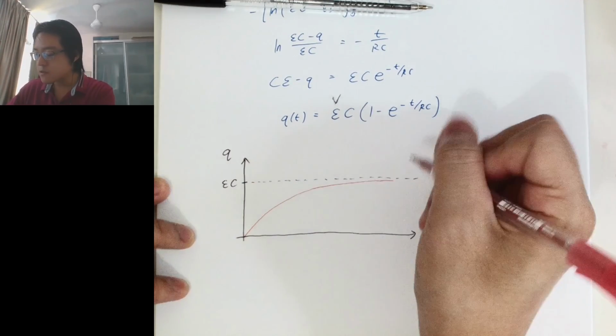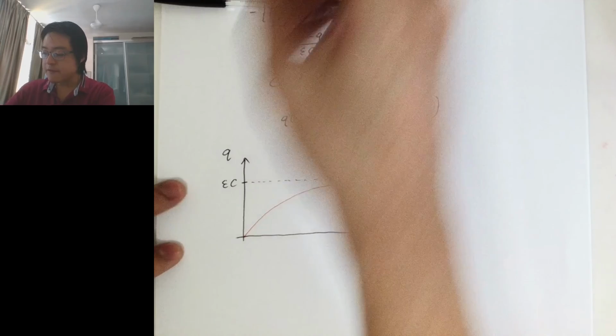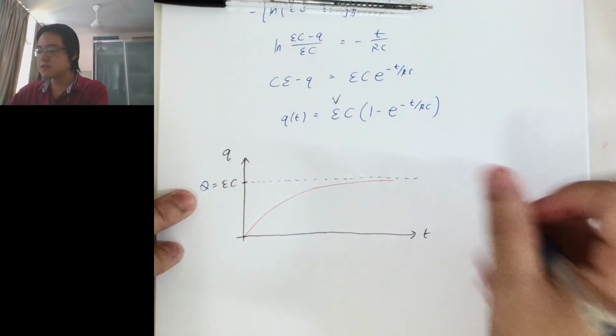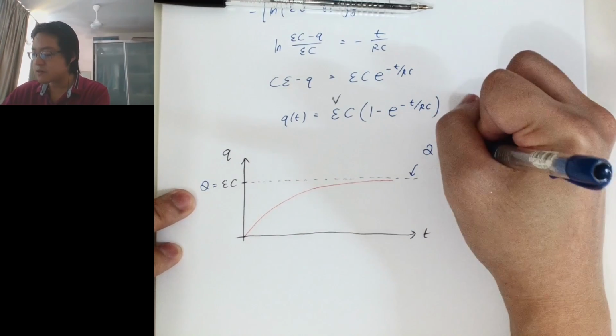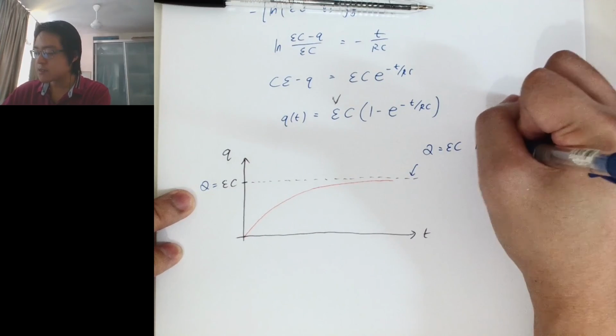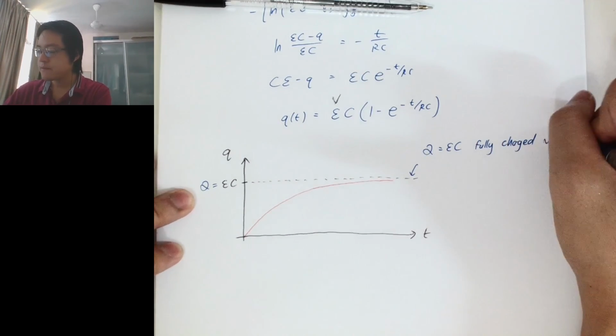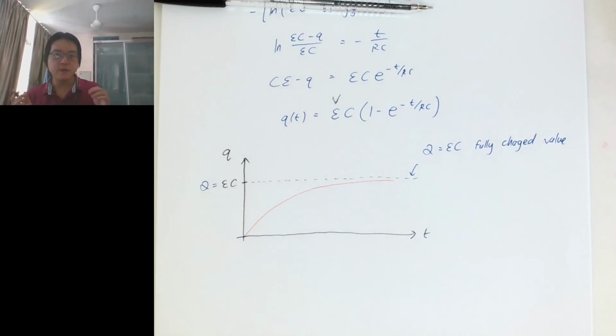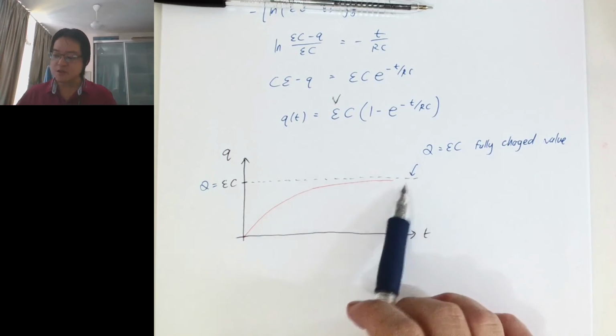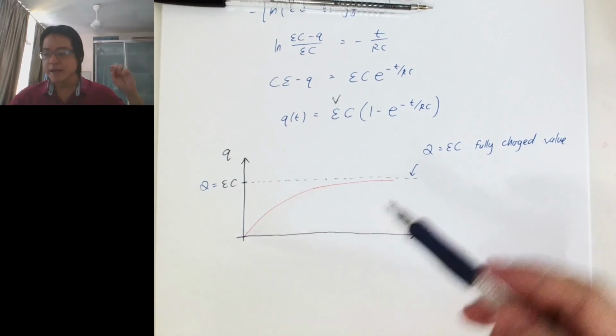This is what we call the final charge of the capacitor, the line where Q is equal to EC, the full charge of the capacitor.